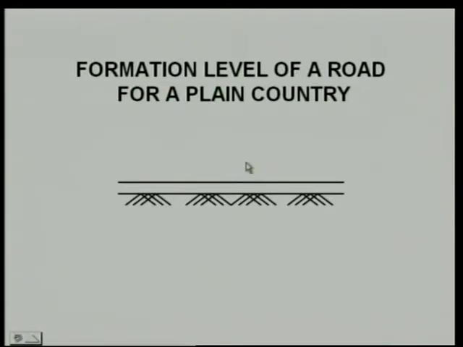This formation level is fixed considering the flood level, height of bank, depth of cutting, gradients, etc. So, generally for a plain country, the ground is assumed to be a level surface. Similarly, the formation level is also a level surface.